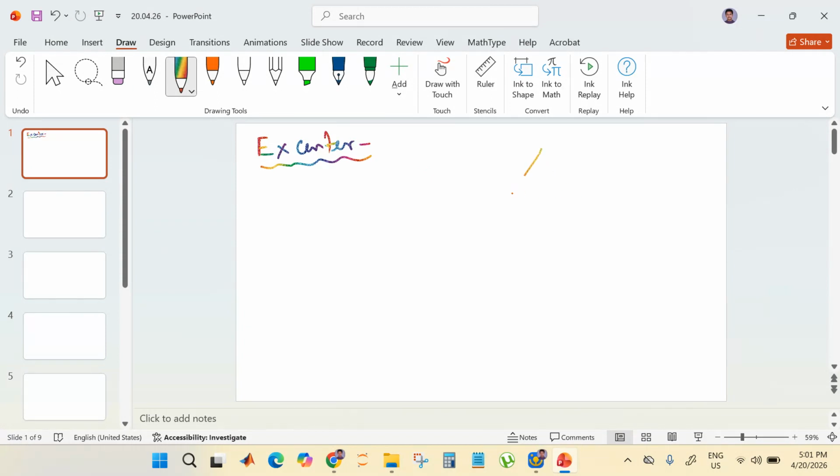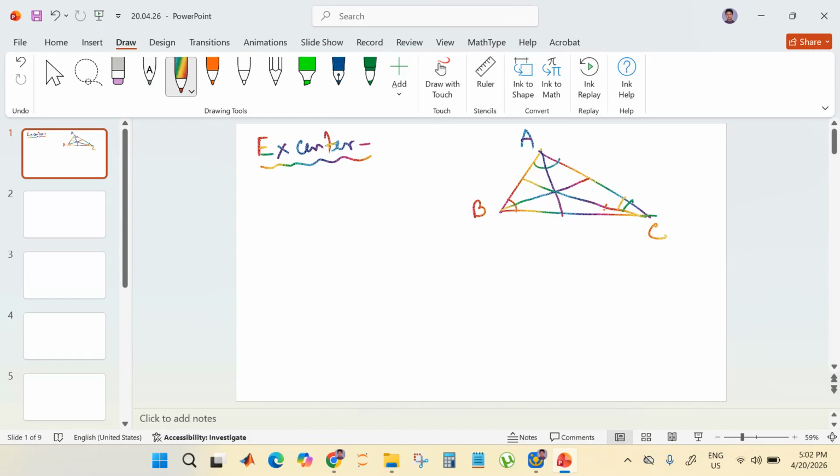So we know if a triangle ABC is drawn, we know the internal angle bisector. If I join the internal angle bisectors, this is an internal angle bisector, and this is another internal angle bisector.